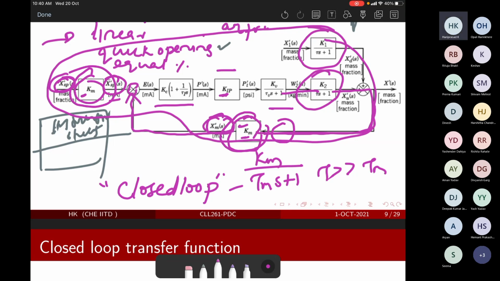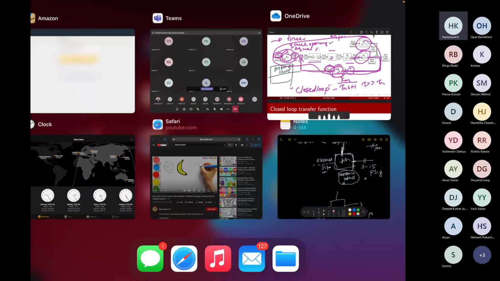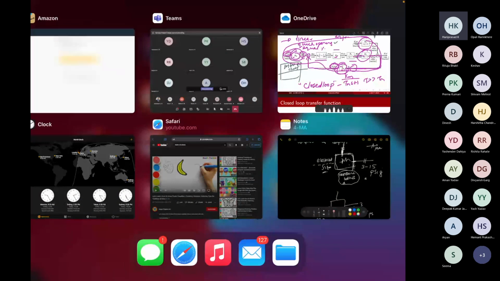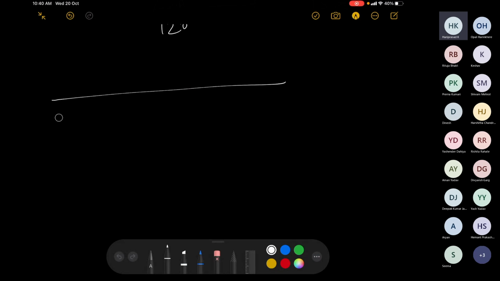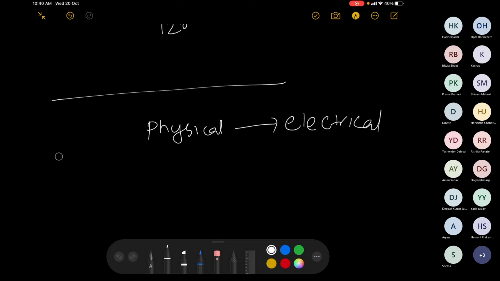Okay, it's a good question, so let me explain that. There are two things. One is physical variable to electrical signal. Let's try to understand the levels of change happening inside your system.